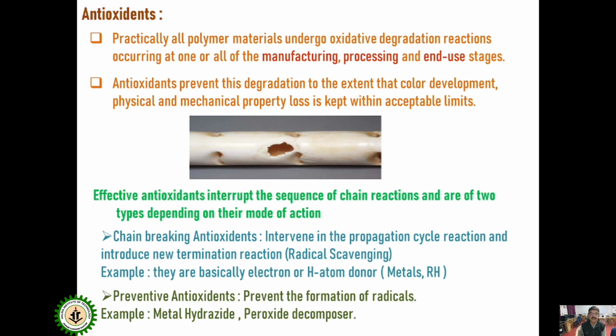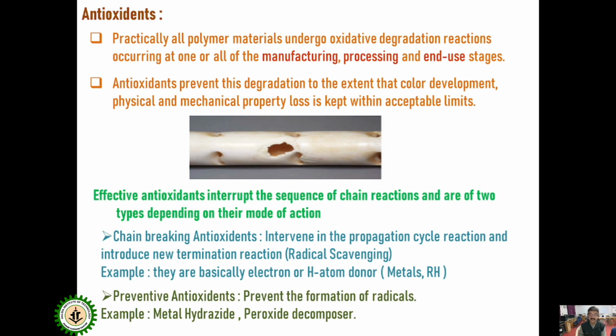So antioxidants extend the time for degradation. It can prevent the degradation process for a long time. So it will slow down the degradation process.